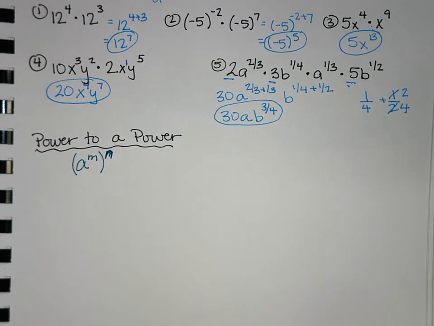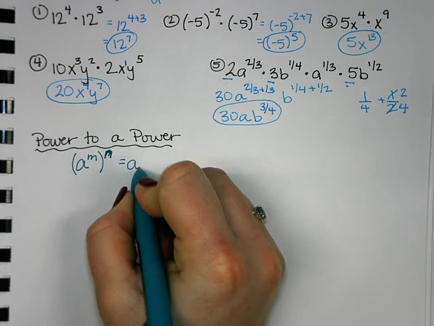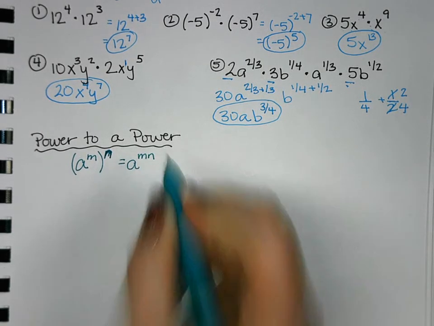So a to the m power to the n power. How do we combine those exponents when we have a power to a power? This is the one where we multiply them. So m times n.